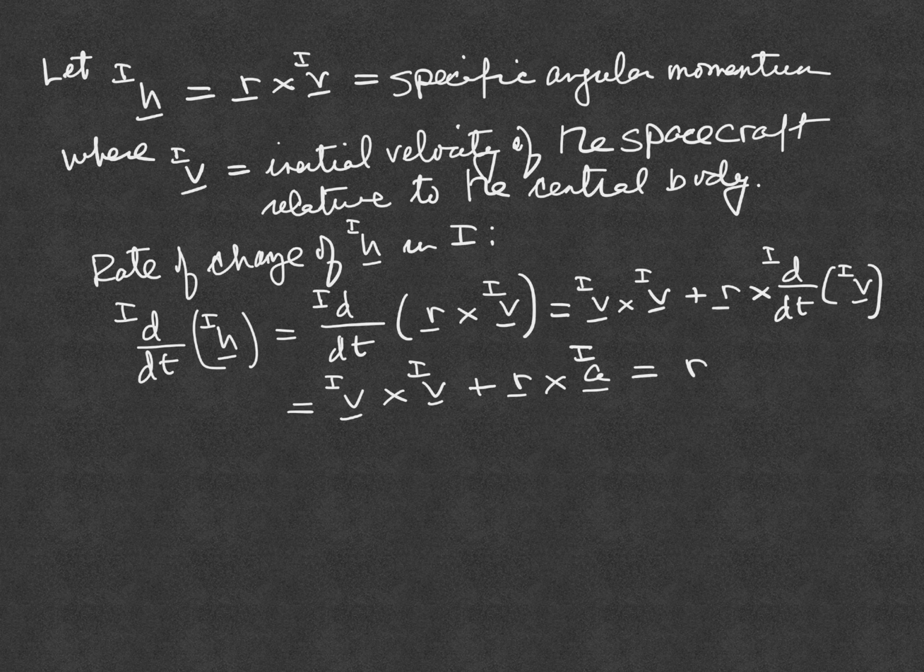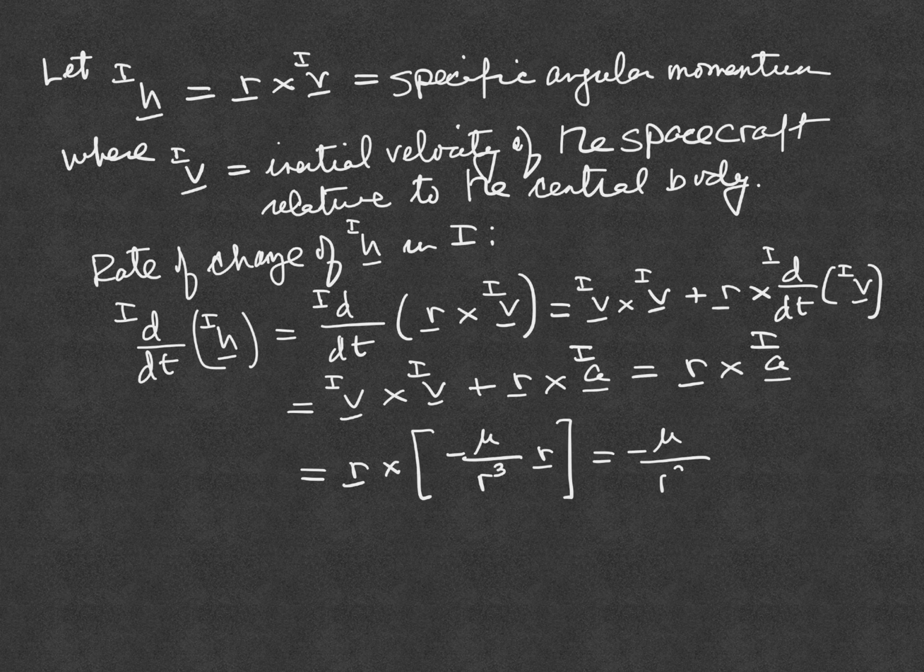So this just gives r crossed with AI. But from the two-body differential equation, AI is equal to minus mu over r cubed times r. So this gives r crossed with minus mu over r cubed times r. But minus mu over r cubed is a scalar, so I can bring it out front. So we get minus mu over r cubed times the position crossed with the position, which is equal to 0, because r crossed with r is 0.